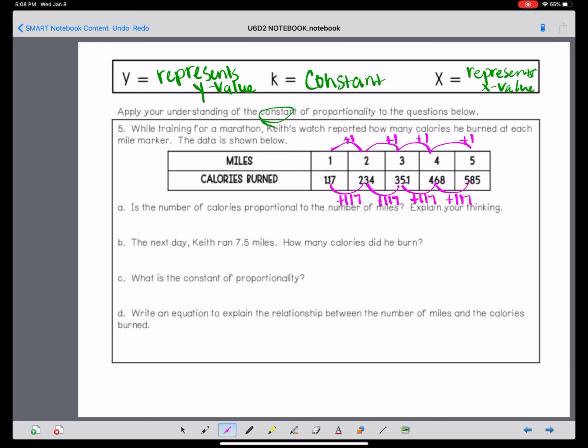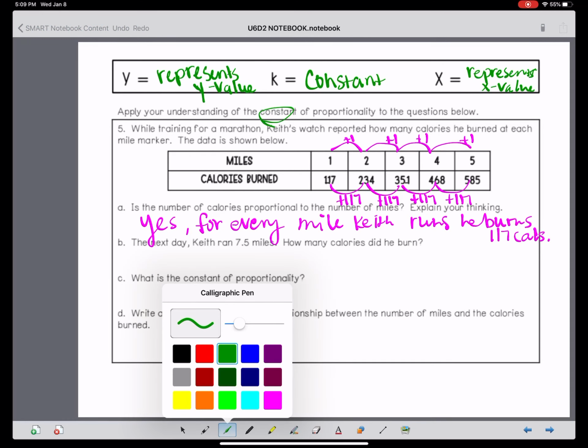So when it says on part A, is the number of calories proportional to the number of miles? Let's put yes, because for every mile Keith runs, he burns 117 calories. I'm just going to abbreviate that.